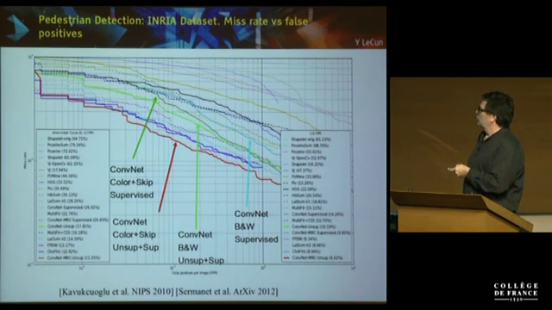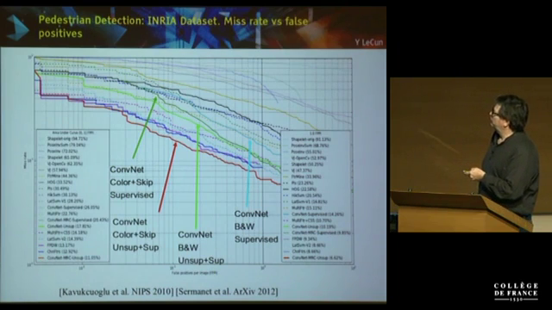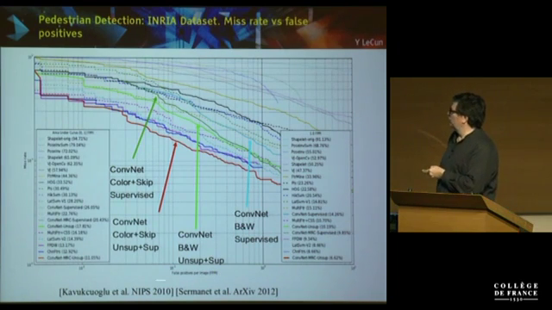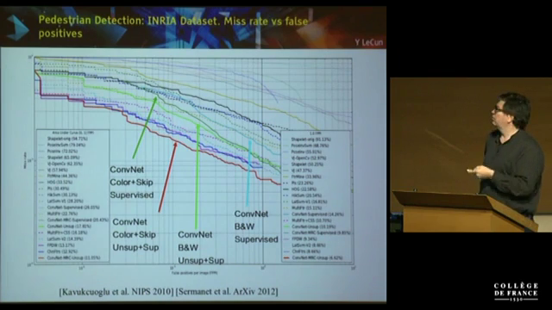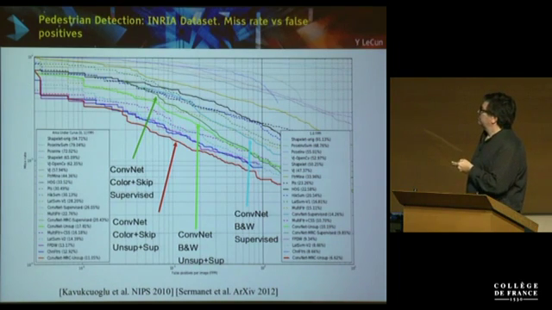These are the performance of a pedestrian detection system. Precision, recall, the number of false positives per image. This corresponds to, I think, 1 false positive per image. And here, the number of pedestrians missed in the image.